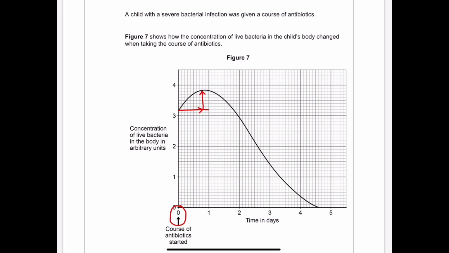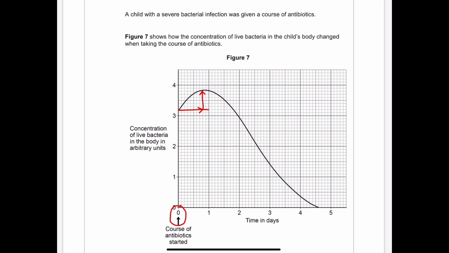We can see there when the antibiotic was given, still the concentration of bacteria is increasing. After a certain value, it starts decreasing.